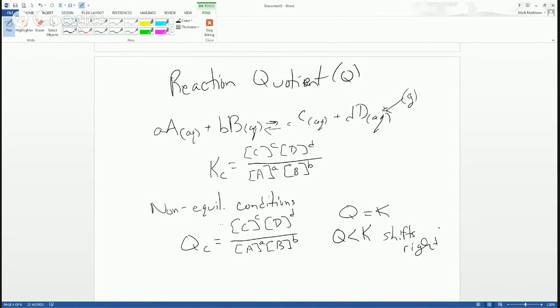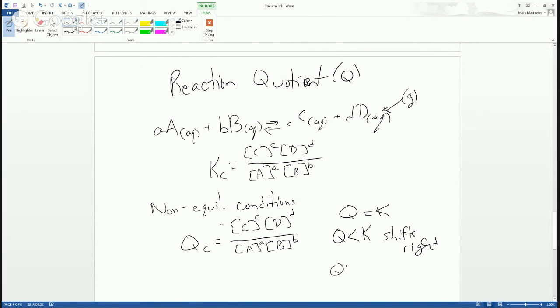A shift to the right means the forward reaction, reactant to product, is going to pick up the pace a bit to make more product than the reverse reaction is making reactant, speeding up until you have enough product that this ratio meets the conditions for equilibrium.